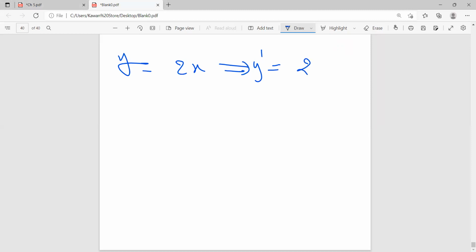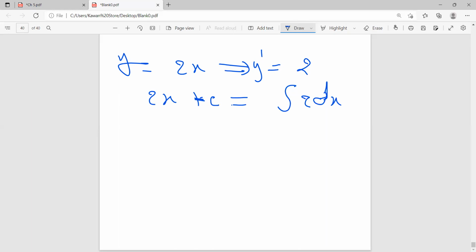So if I want to get back to 2x from that side, I say the integral of 2 will be 2x. Later we say plus c, okay? Plus c. Understood?